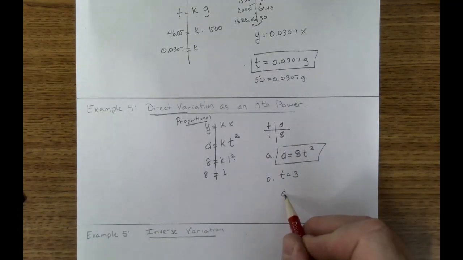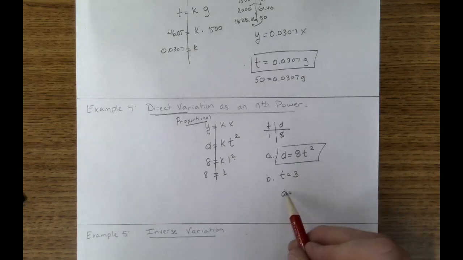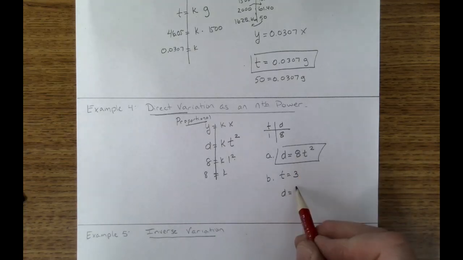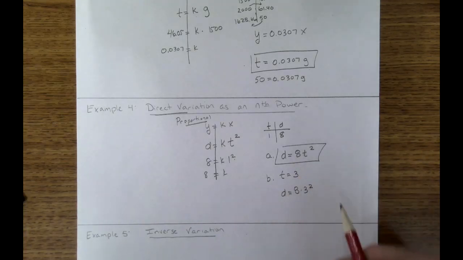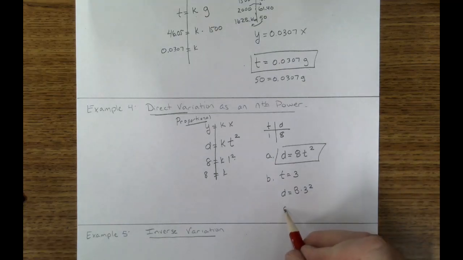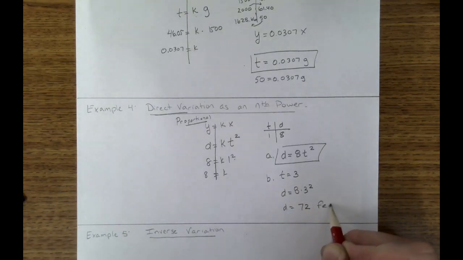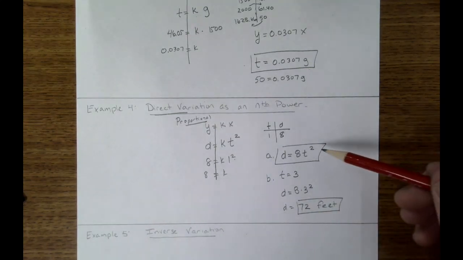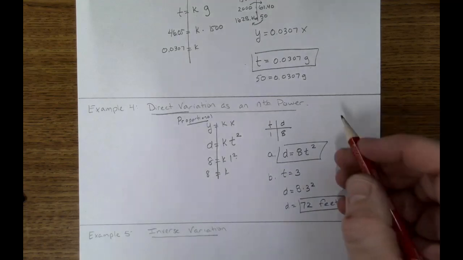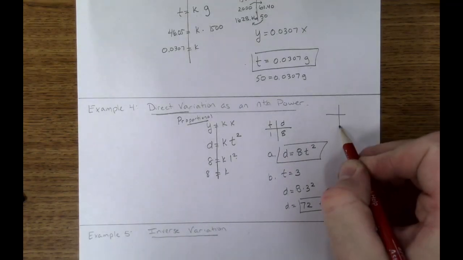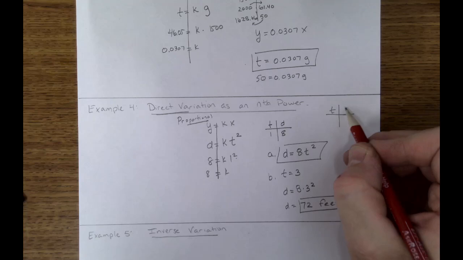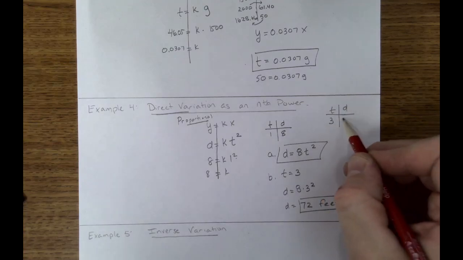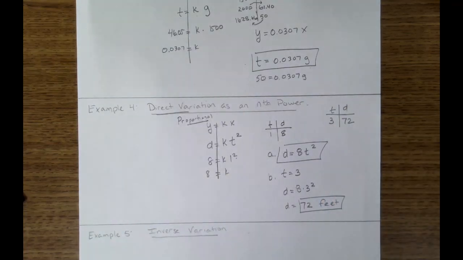Well, if time is equal to 3, I have 8 times 3 squared. 8 times 9 is 72, and the units are feet in this problem. So there we have another problem. We've taken an equation, and we've said at this input, if the input is 3, the output is 72.